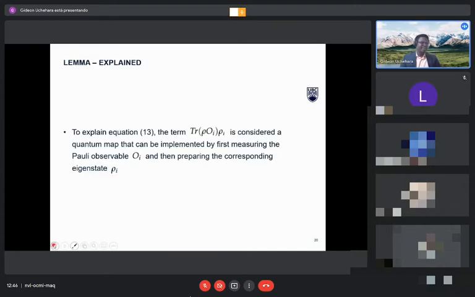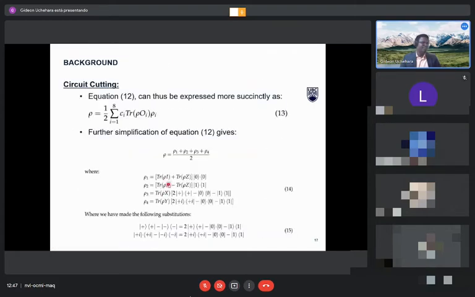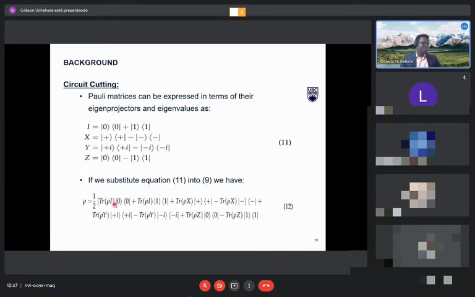But if you recall from here, O sub 1 is the identity, O sub 2 is the identity, O sub 3 is the Pauli X, O sub 4 is the Pauli X as well, O sub 5 is the Pauli Y, O sub 6 is the Pauli Y, O sub 7 is the Pauli Z, and O sub 8 is the Pauli Z. So you see that each of the Paulis takes two observations. It's measured twice for the circuit.